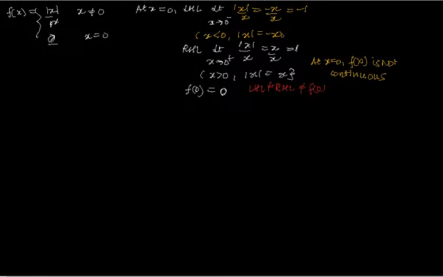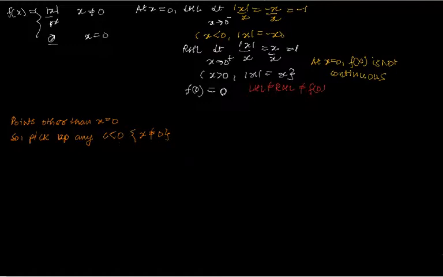Now you can even look at the points other than x equals to 0. So pick up any c which is less than 0. This would actually mean x not equal to 0.